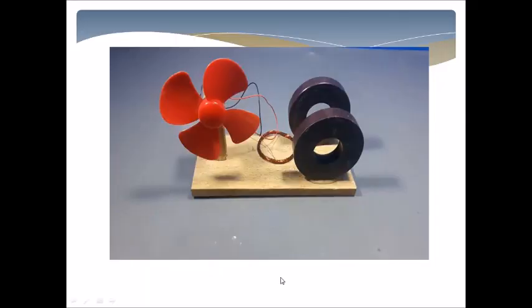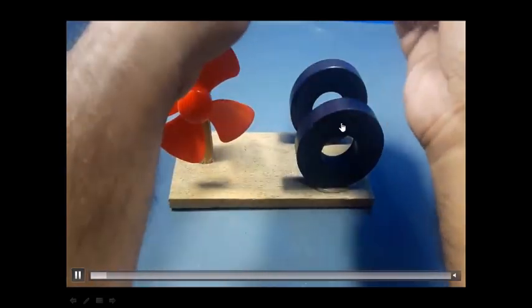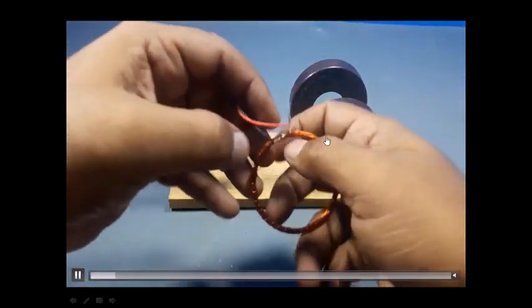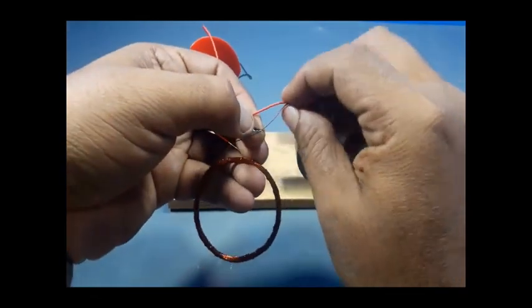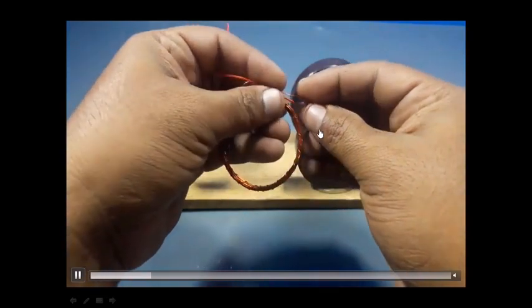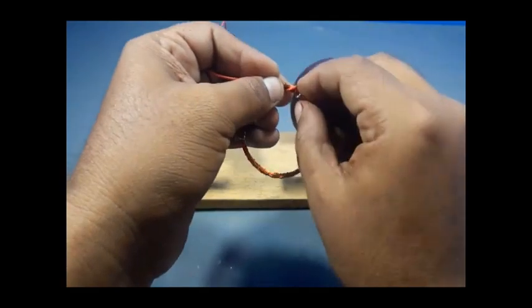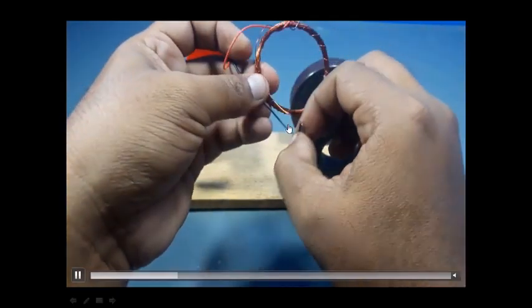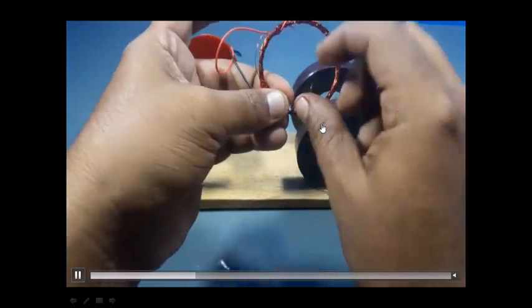Now the second way is moving or placing a coiled wire in the magnetic field of a magnet. We have two magnets here, and any magnet in the world has a magnetic field. So these two magnets have a magnetic field, and when we place the coiled wire in the magnetic field of the magnets, it produces electricity.